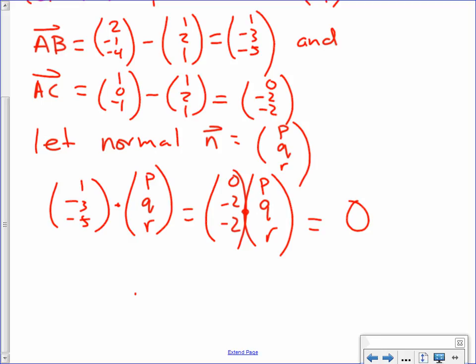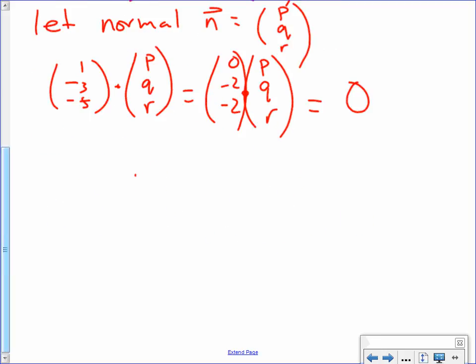That gives us two equations. They both equal 0. So P minus 3Q minus 5R is equal to 0, and negative 2Q minus 2R is equal to 0.